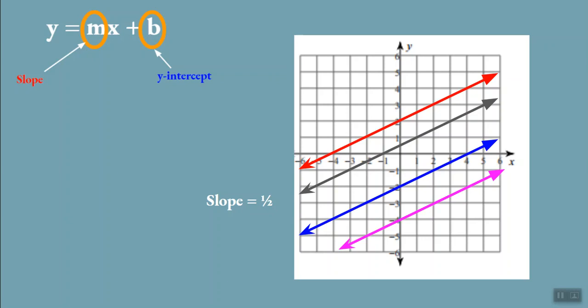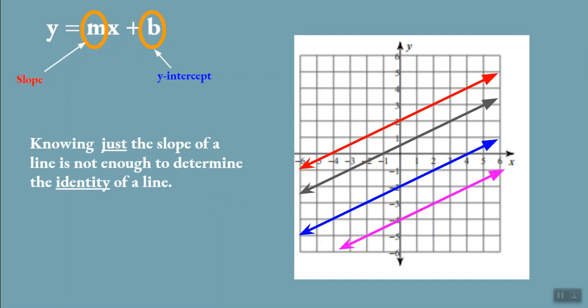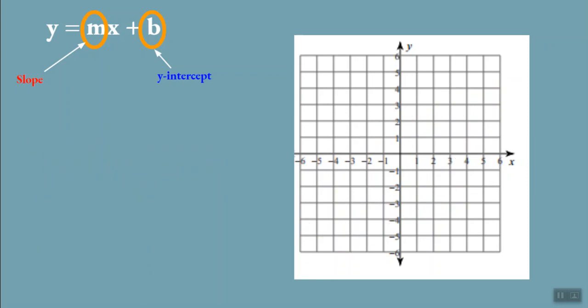So if you know that value for m, it certainly helps to think of what the line might look like. But it's not enough to narrow it down as to which specific line we're talking about here. It's part of the picture. It's not everything you would need to narrow it down. There's a bunch of lines that have a slope of 1/2.